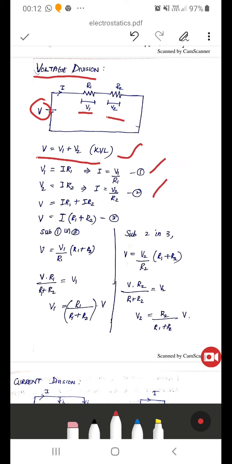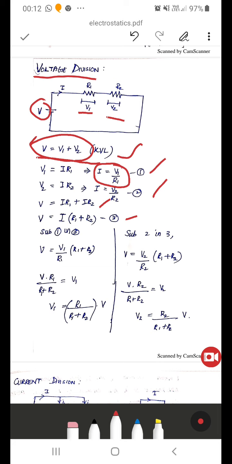So substituting 1 and 2 in this equation, we get V is equal to IR1 plus IR2. Taking I as common, we get V is equal to I into (R1 plus R2), and I'm marking this as equation number 3. Now substitute the value of I from equation 1 in the third equation. We get V is equal to V1 by R1 into (R1 plus R2).